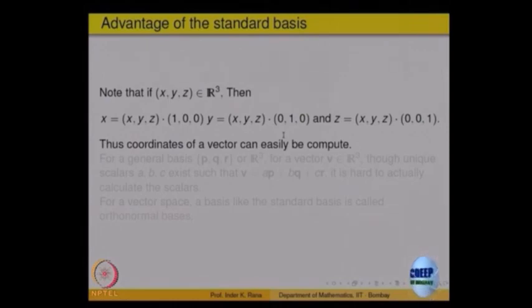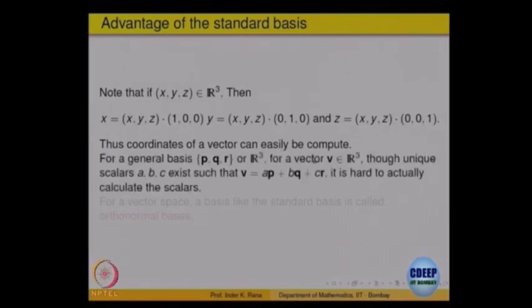So, these bases in which each element is perpendicular to the other elements have an advantage. So, that is what I am saying here. If you have got some P, Q, R, some other basis, then writing V this way, actually you have to calculate them by solving a system of equations. So, I am telling you what is the advantage of having 1 0 0, 0 1 0 and 0 0 1 over other bases in R2 and R3, right.